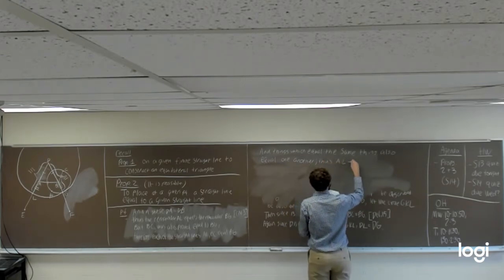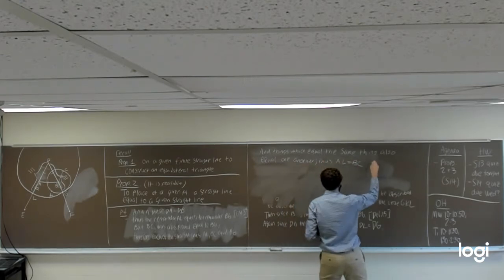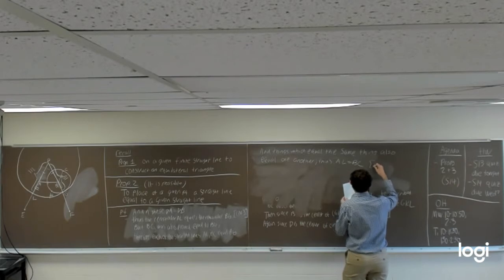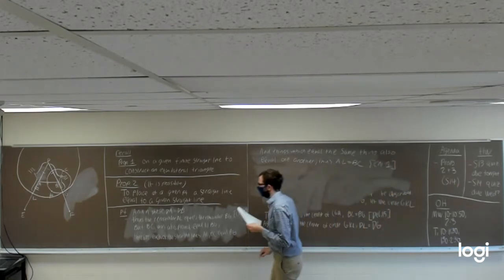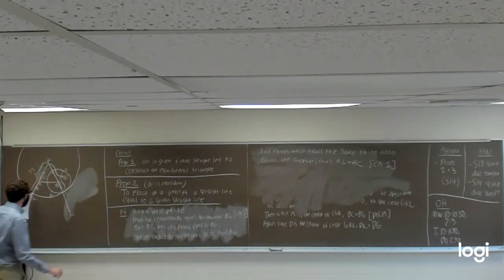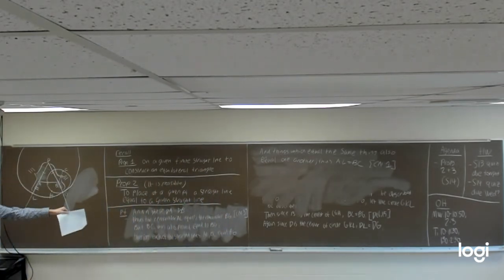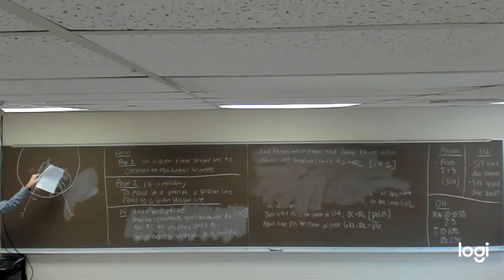Thus, AL is equal to BC by common notion 1. So AL is equal to BG by the argument we gave down there. BG was equal to BC by the argument I erased over there, because they're lines that make up radii of the same circle centered at B. Therefore, AL and BC also have to be equal to each other.